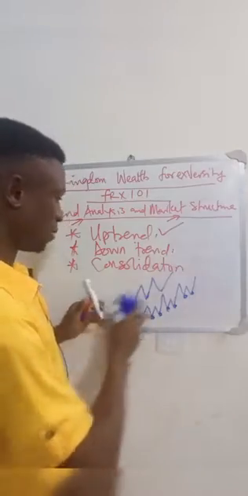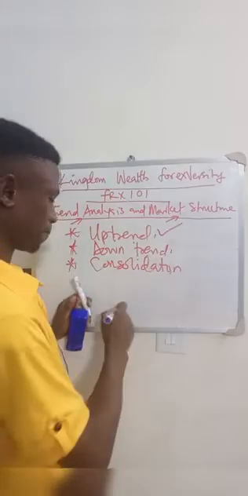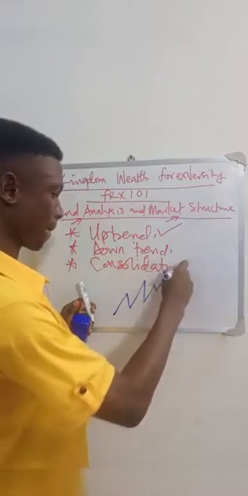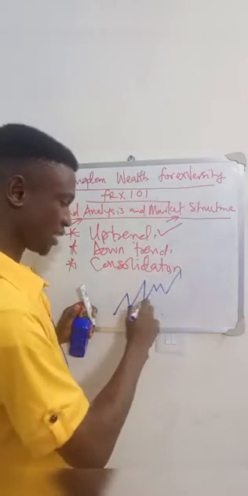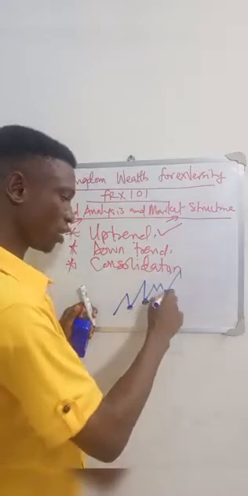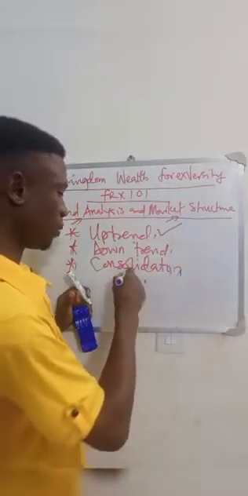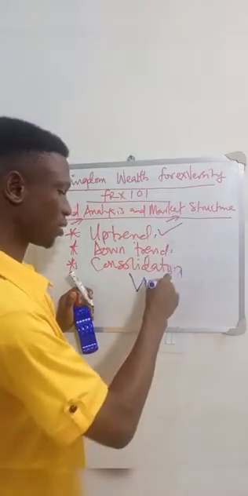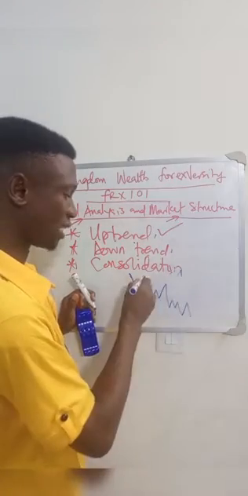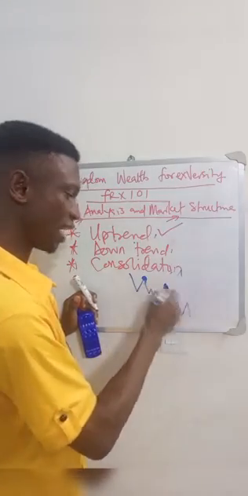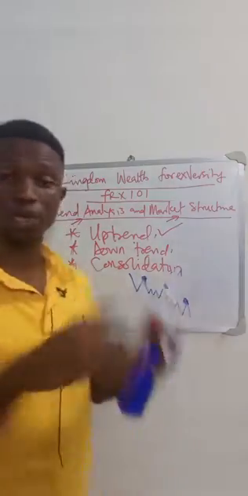At times, it may even go like this. Just be looking at this. As long as it's not being broken, it's still going up, it's an uptrend. The same thing also with the downtrend. It may not be perfect, it may go like this. But as long as this is a little bit lower than this, and it keeps going down progressively, just know that it's a downtrend.